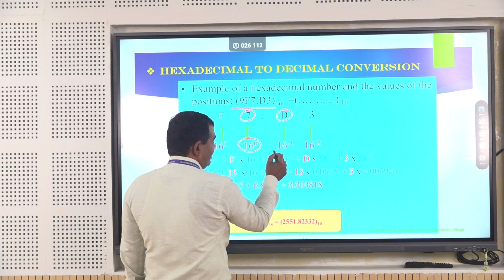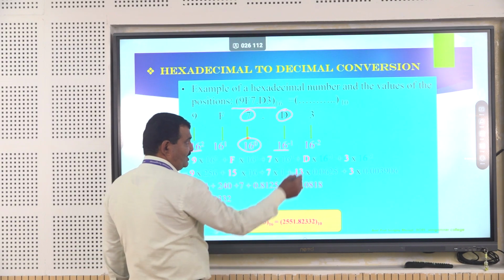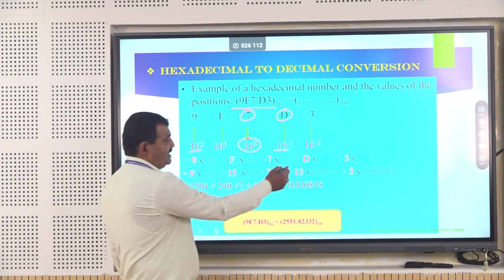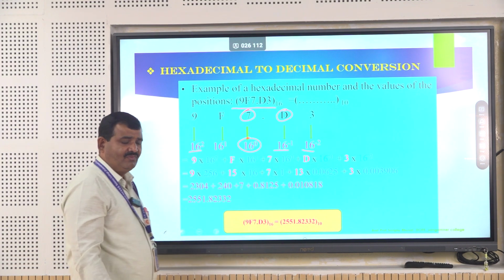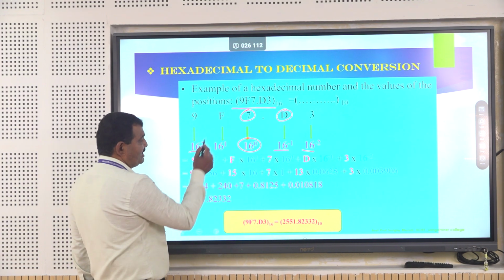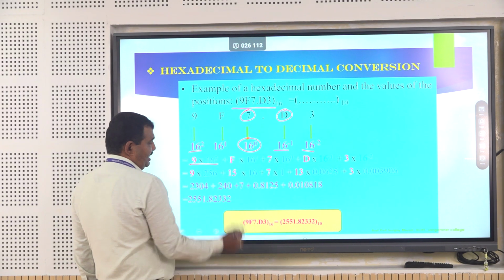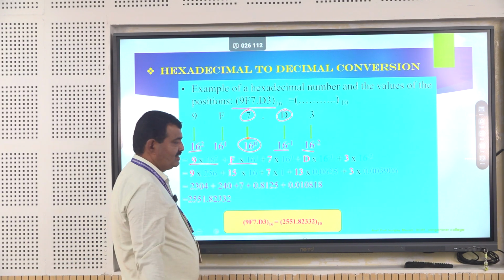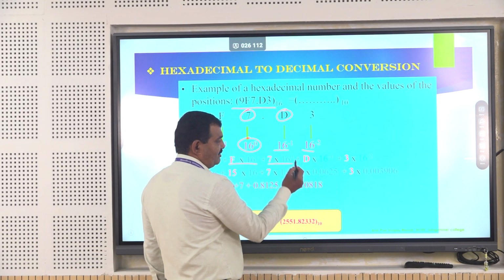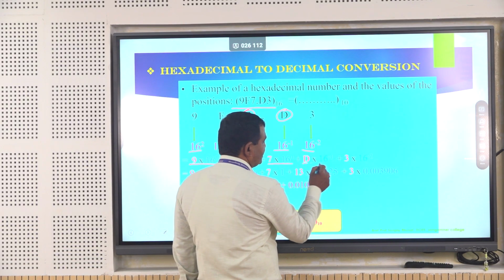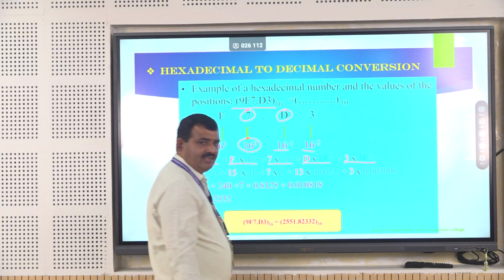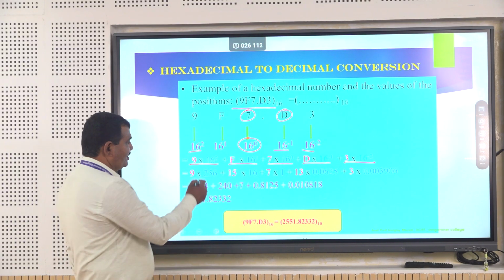This D has value 16 raised to minus 1 and 3 has positional weight 16 raised to minus 2. Then we write the weight of sum equation for this number as 9 into 16 raised to 2 plus F into 16 raised to 1 plus 7 into 16 raised to 0 plus D into 16 raised to minus 1 plus 3 into 16 raised to minus 2.